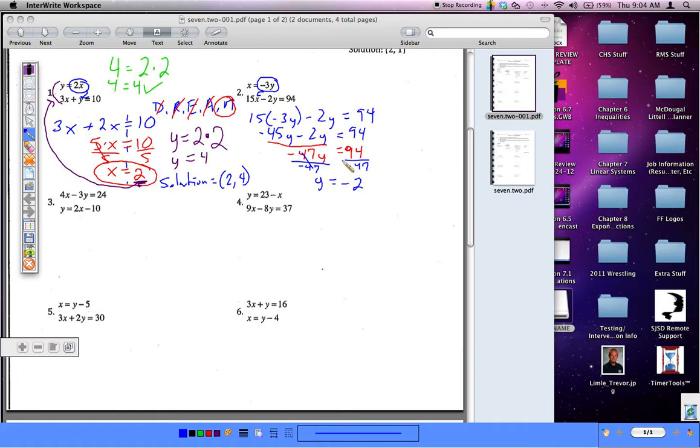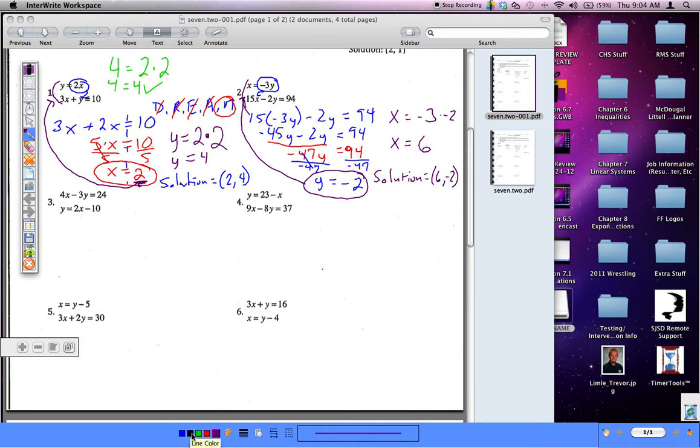Now that we have solved for y, hopefully we see now that this solution gets substituted back into either equation up top, and because x equals negative 3 times negative 2, if we multiply those together we have what x is, which is 6. So our solution, and the answer we are looking for in each of these, is (6, negative 2).